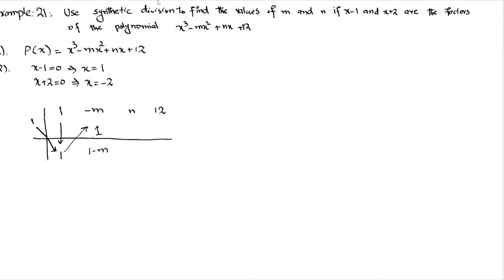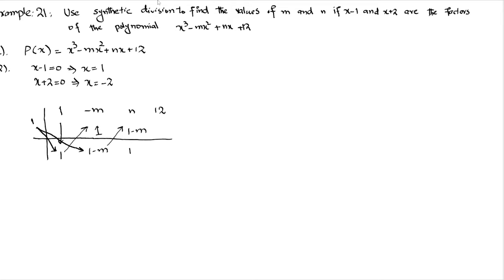Then we will multiply this summation with the value of x, which is 1, and write the result under the next coefficient. So 1 minus m multiplied with 1 is 1 minus m, and we will perform addition of these two terms, n and 1 minus m.